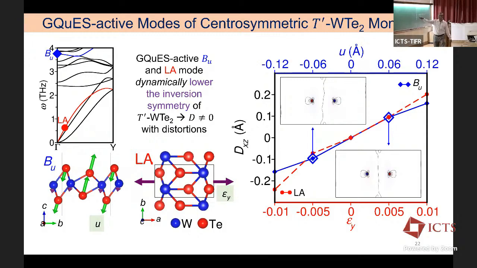The scales are different, so don't worry that they're overlapping on top of each other. That's just to show that they are linear variations. And indeed, the slope of these curves gives you the strength of the spectroscopy, the oscillator strength. So this was first principles evidence that indeed you should be able to see these 2 vibrations experimentally.